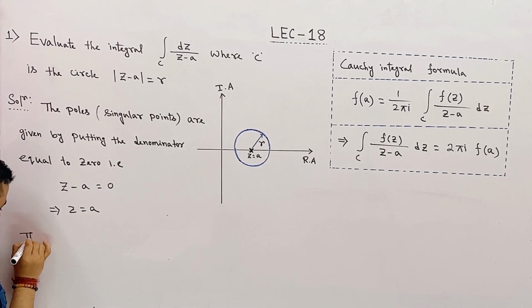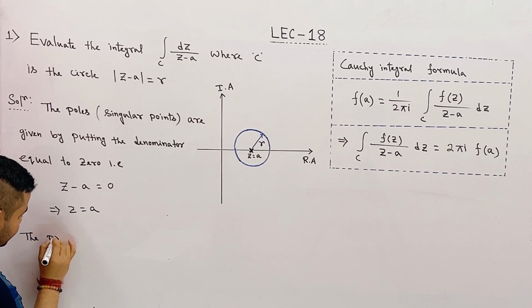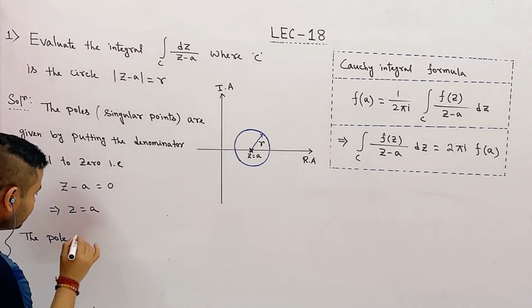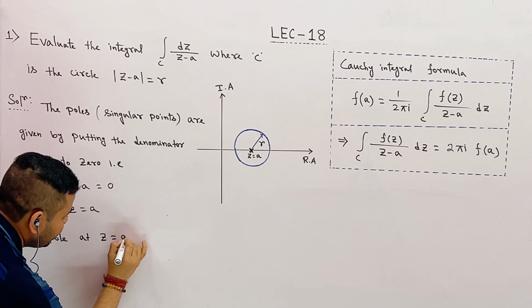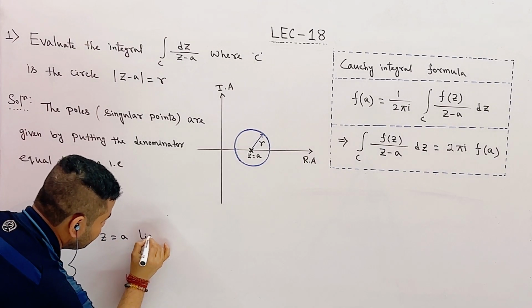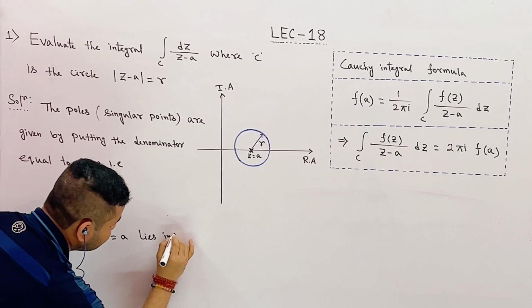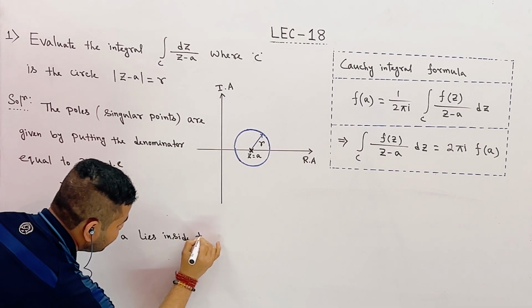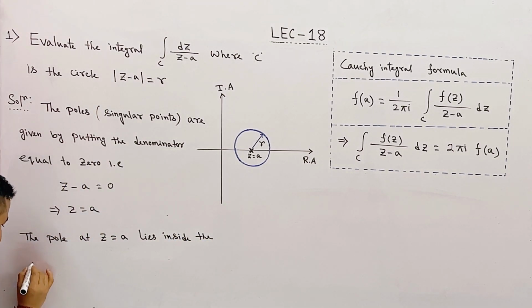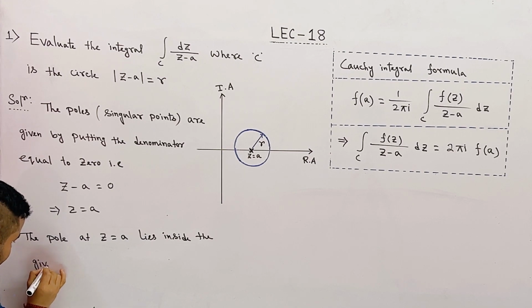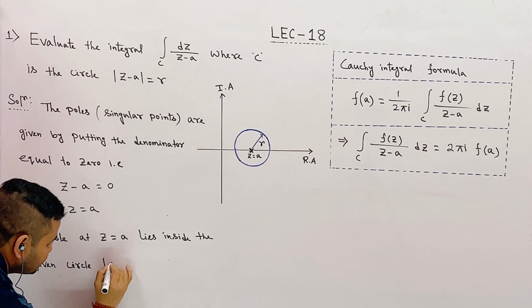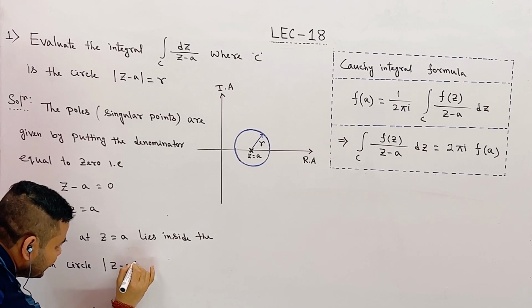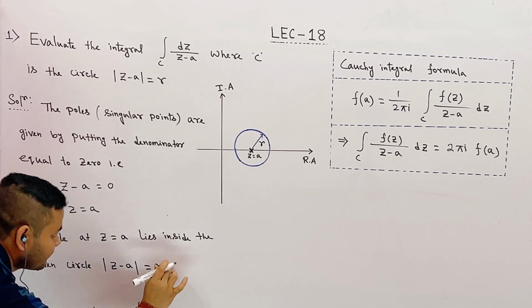The pole at z equal to a lies inside the given circle modulus of z minus a equal to r.